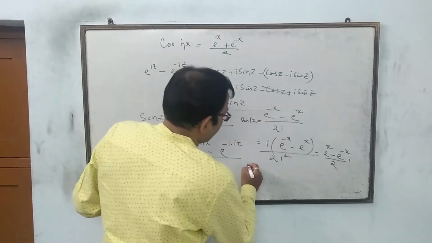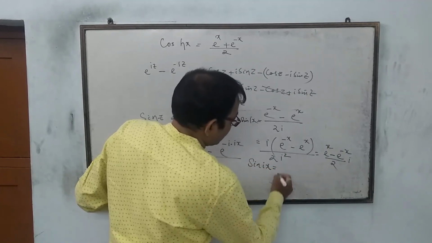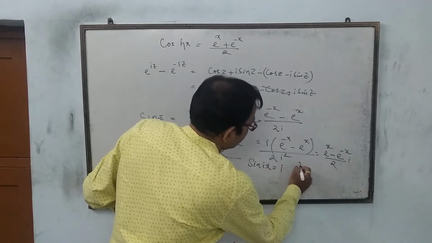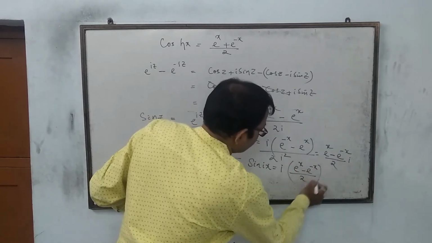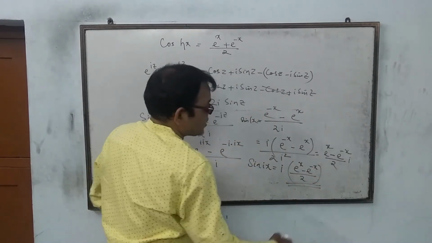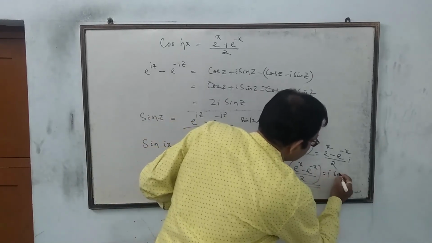Thereby we can write sin ix is equal to i into (e to the power of x minus e to the power minus x) by 2. This part is your sinh x. So I can write here i into sinh x.